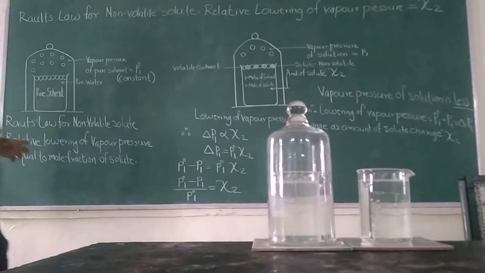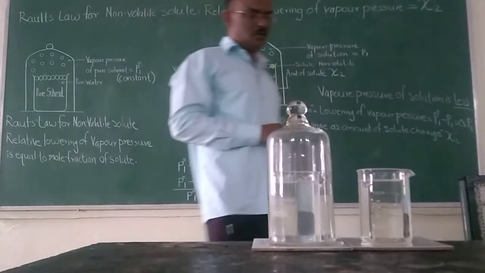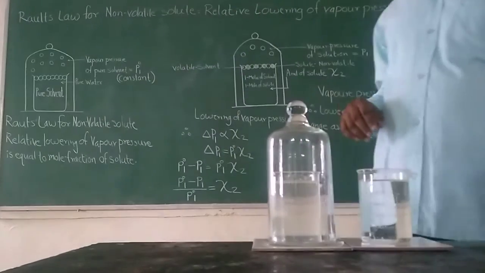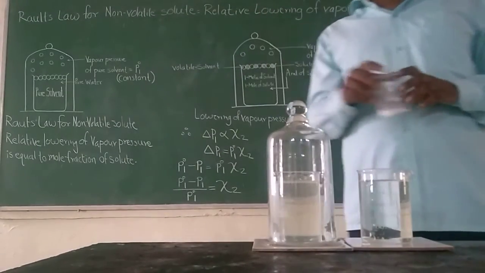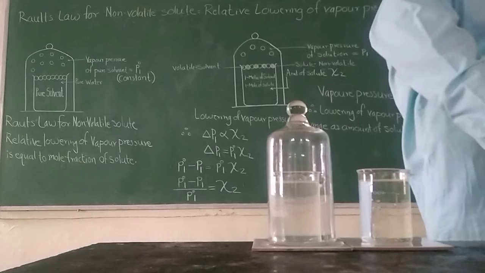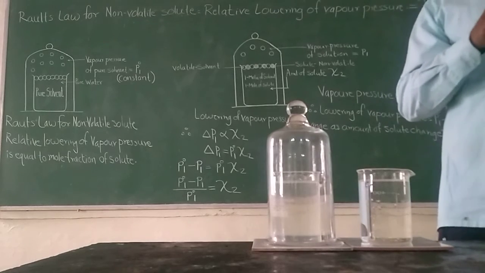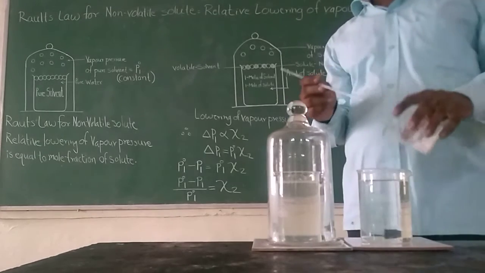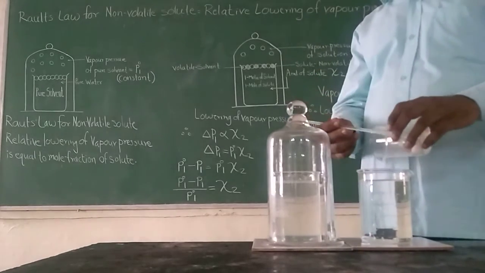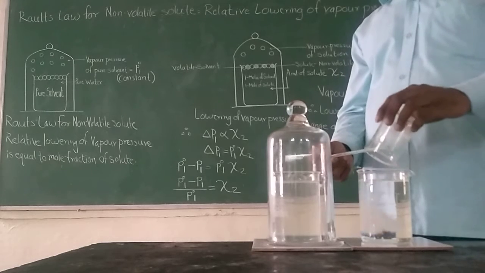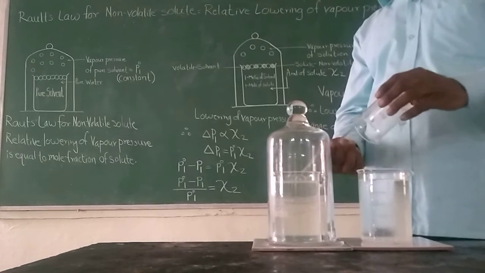Then afterward, I will take this salt, 1 mole of the salt. This 1 mole of common salt I will dissolve in another beaker which contains exactly the same amount of water. Okay.